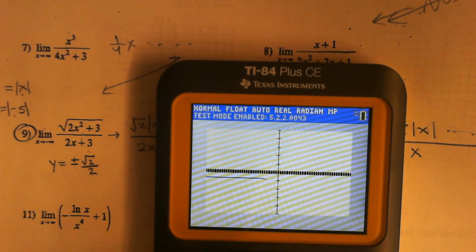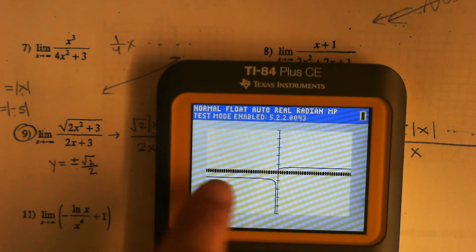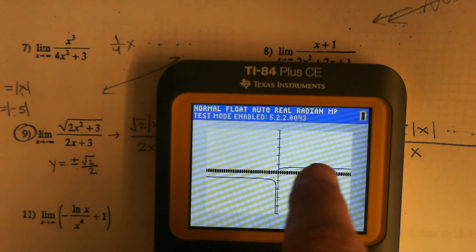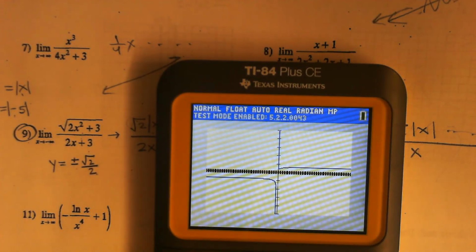So you can see as you go towards negative infinity, it's definitely flattening out on the negative root 2 over 2. And as you go towards the positive infinity, it's flattening out at the positive root 2 over 2.